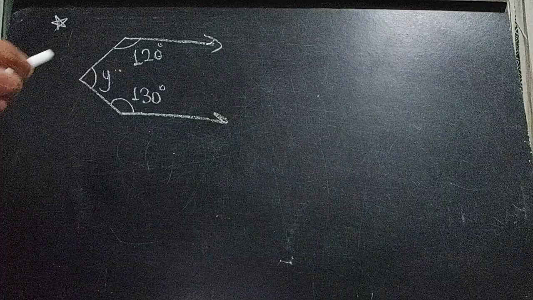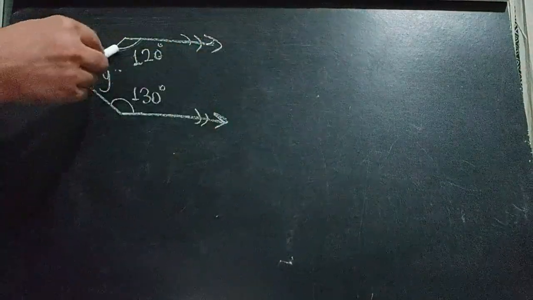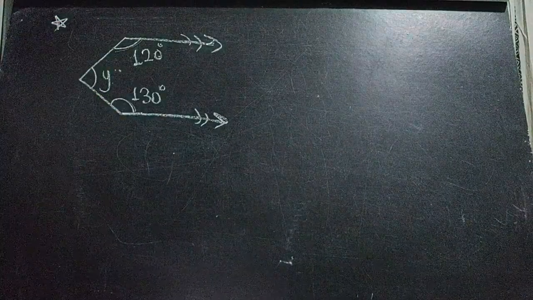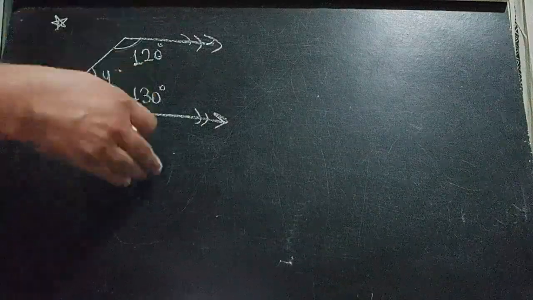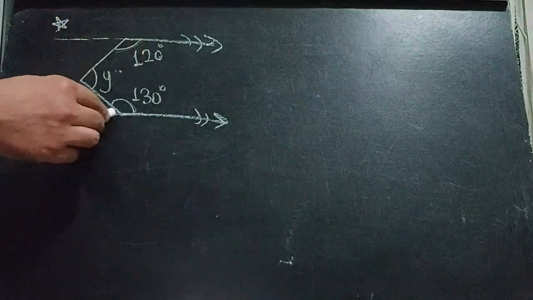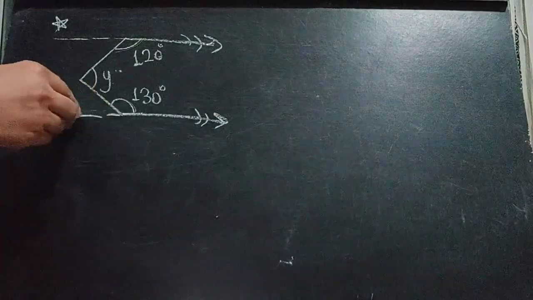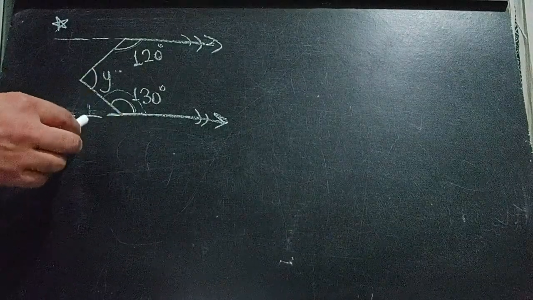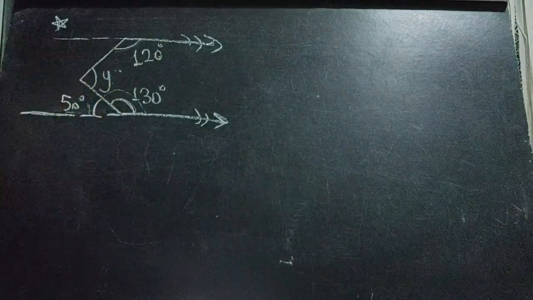Alright, now let's have a look at this question. This and this parallel to each other again. This angle 120, this angle 130. What is Y then? So sometimes you need to extend those lines like this, you extend them, get them longer. Okay, right now, according to straight angle, if this one is 120, this one will be 60 degrees.